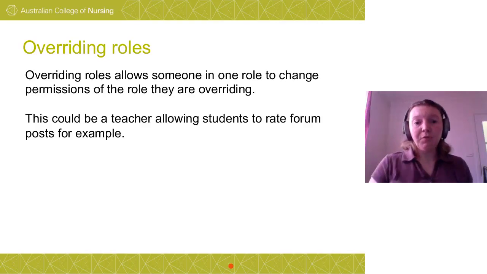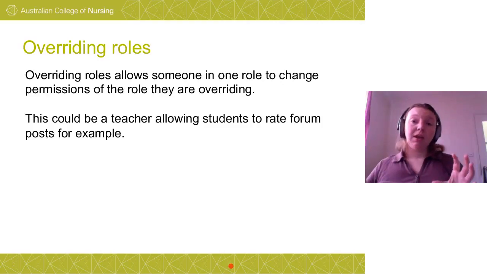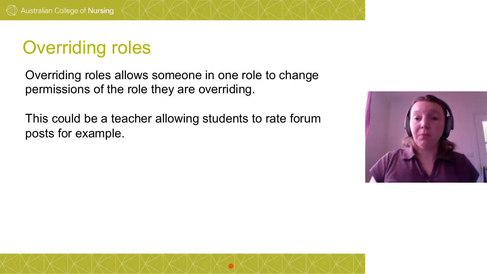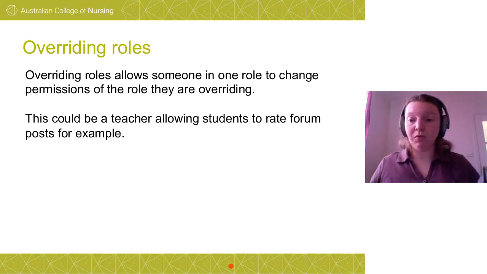So moving on to overriding roles, and this is actually a really cool feature, but from a support perspective, it can drive you nuts. A really good example is an educator wanting to allow students to rate posts on a forum. By default, the student role can't rate posts on a forum.